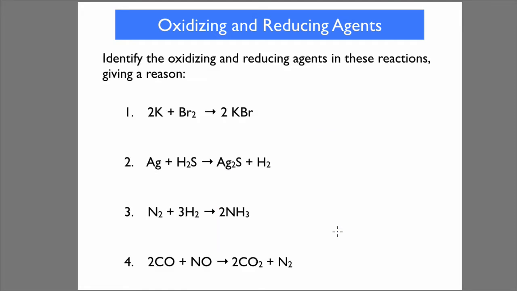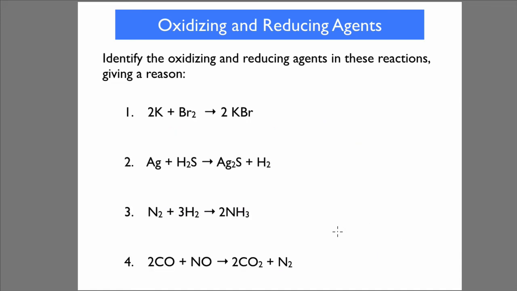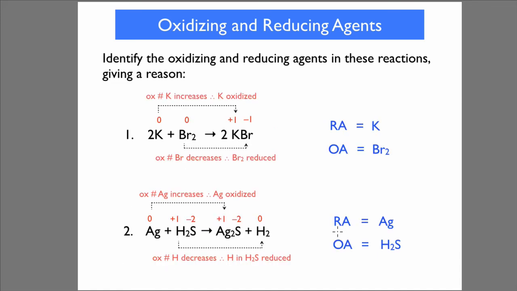Identify the oxidizing and reducing agents in these reactions, giving a reason. Press pause, have a go. So let's do the top one first. Identifying the oxidizing and reducing agents in these reactions. Let's look at the reason, shall we?